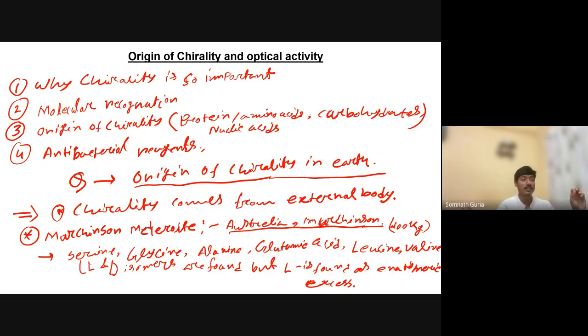These L isomers are all found in our nature, but there is also a presence of D amino acid in that meteorite.